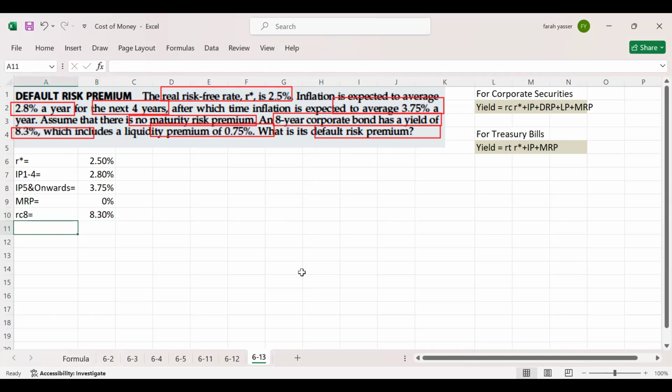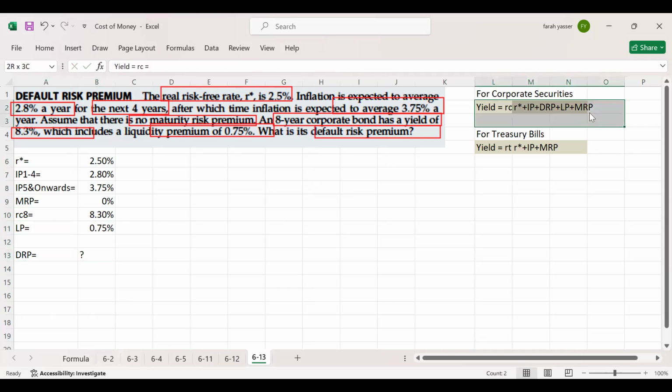And the last thing given is liquidity premium, LP, which is 0.75%. So this is given. What is required? Default risk premium is not given. We have to calculate default risk premium.